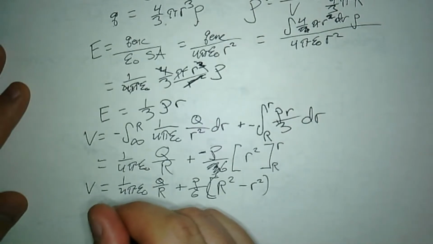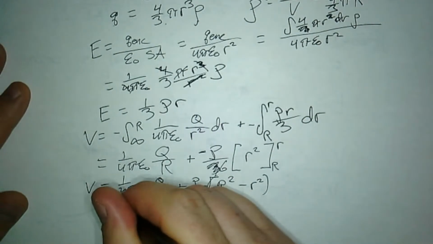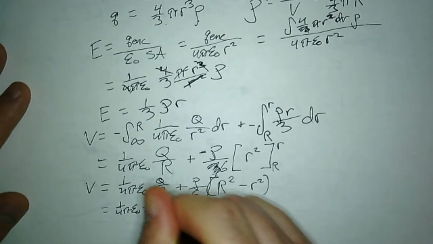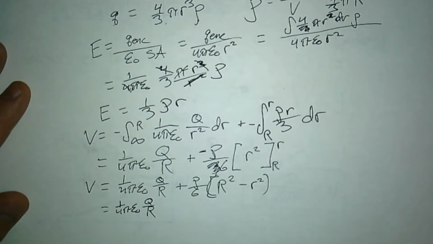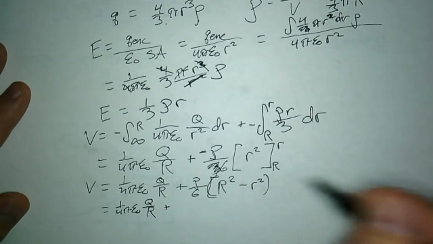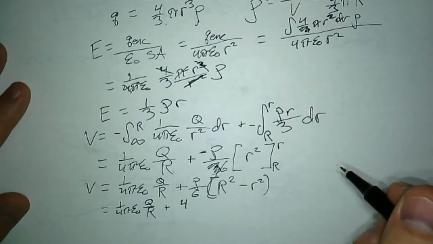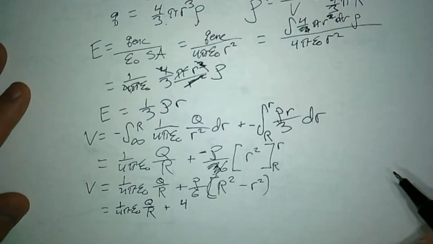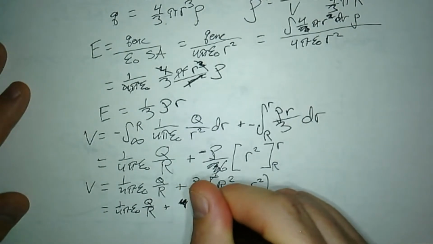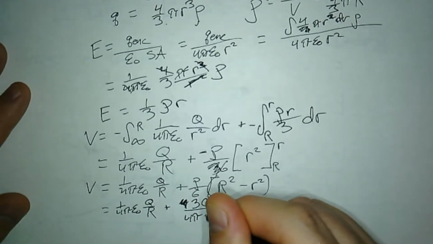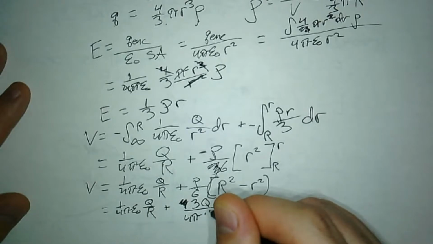So 1 over 4 pi epsilon naught Q over R, because that term hasn't changed this whole time, plus 3 Q over 4 pi, because the volume is going on the bottom.